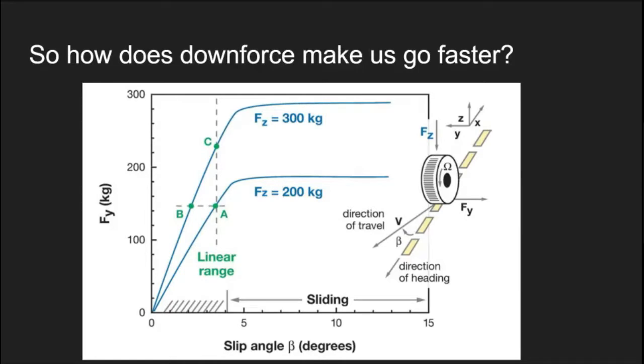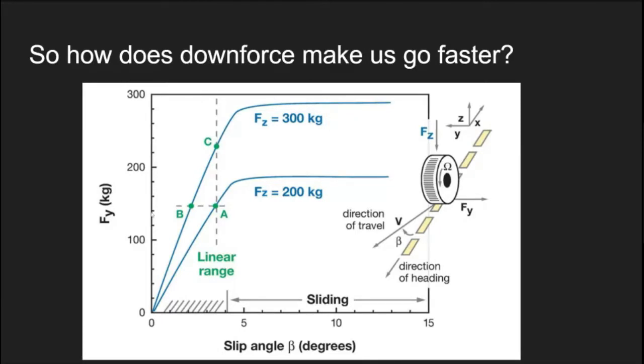So for a given weight, for example, say this is somewhere around 4.5 degrees with a car with a vertical load of 200 kilograms on the tires, you'd have a lateral side force, basically your cornering force, of something about 140 kilograms.